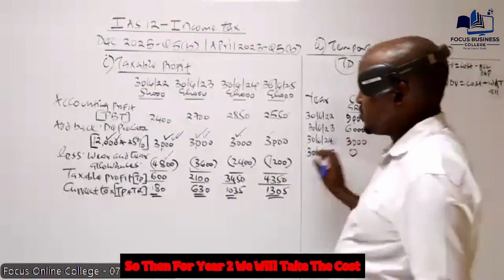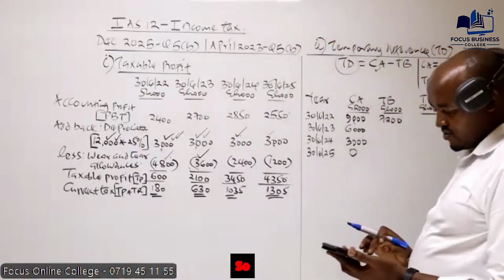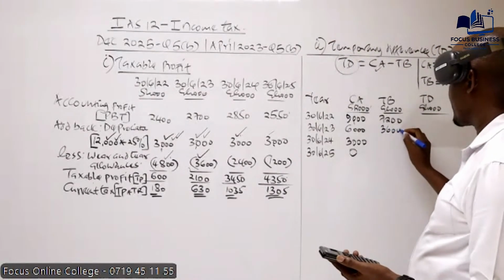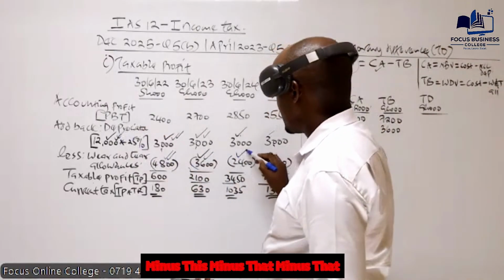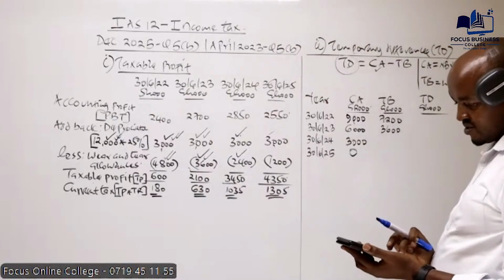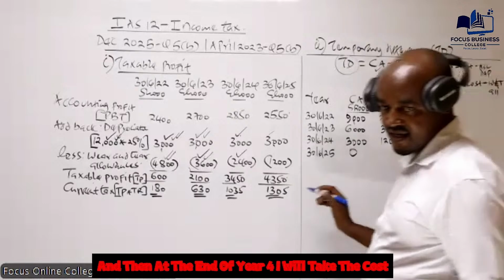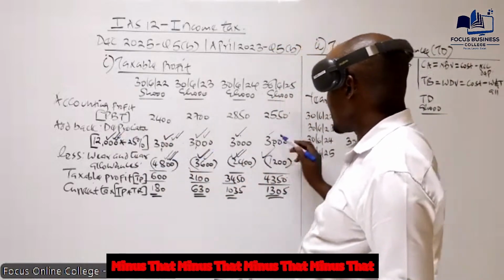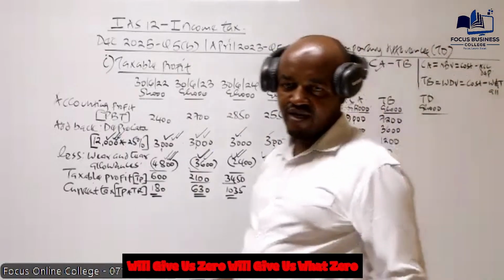Then for year 2, we will take the cost minus this, minus that. In this case, I'll get 36. In year 3, I'll take the cost minus this, minus that, minus that, and basically we will get 12. And then at the end of year 4, I will take the cost minus all four charges, and automatically that one will give us 0.